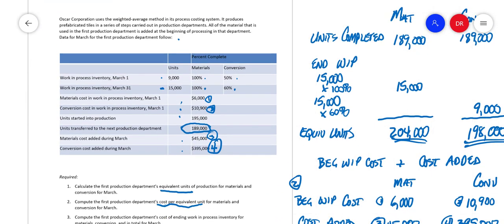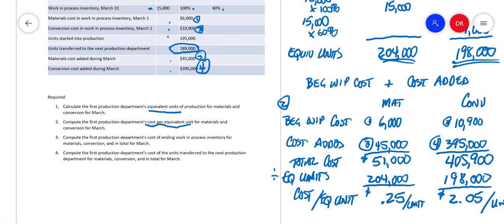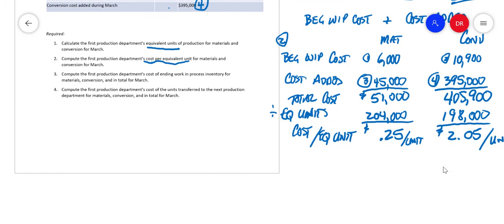I didn't put the number by it, so that's what I'm doing now. Not to confuse you with these. Probably should have used letters for those. Anyway, let's go down to number 3, which is going to ask us to apply these costs to ending work in process. So in order to do that, we have to go back and figure out, okay, what was ending work in process?